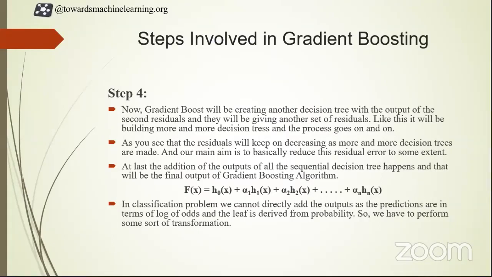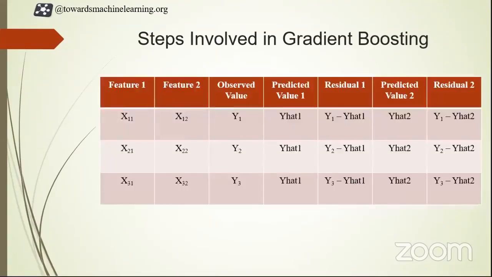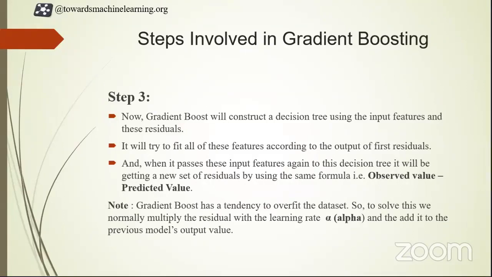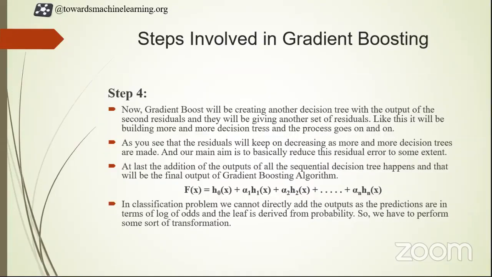There is one disadvantage of gradient boost: it overfits the data. If you give some instances to it, while training it tries to overfit your data. To overcome this issue, we multiply the outputs by alpha, which is basically the learning rate. This learning rate ranges between 0 and 1.